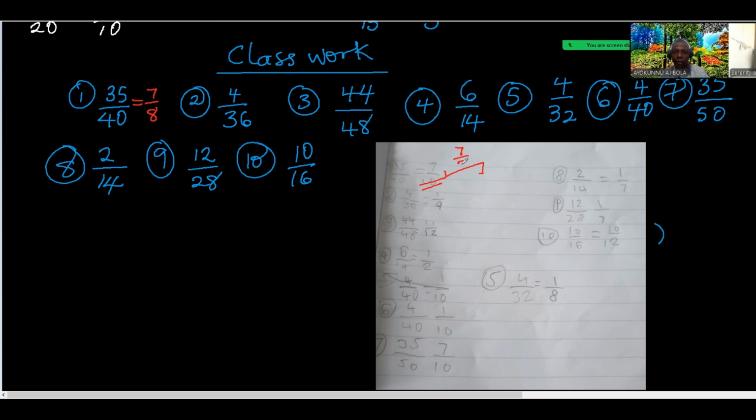Let's look at the remaining ones and see. Number two, you said that is 1/9. That means 4 here, 1, and 4 here, 9. And that's correct. Then the next one, you said 4 here, 11, and 4 here, 12, which is correct. Is that clear? Then these numbers, you said 1/2.